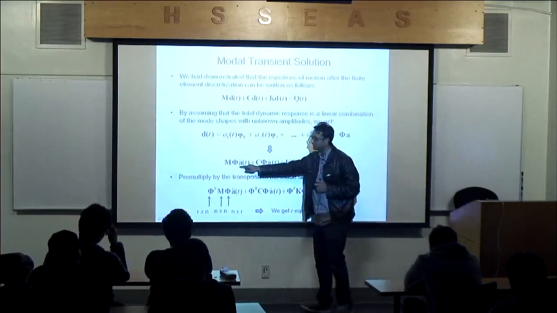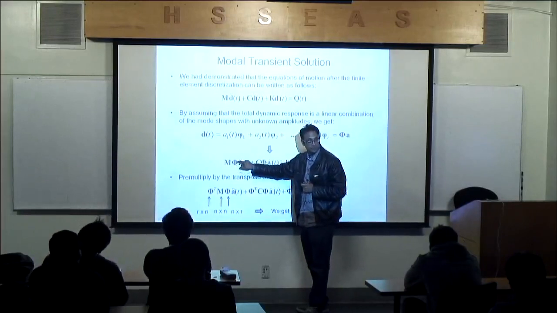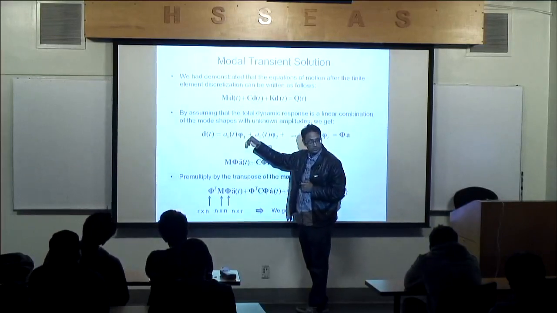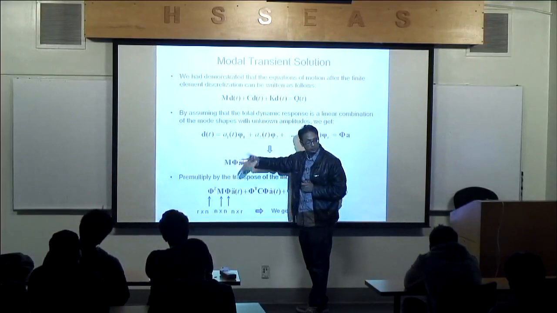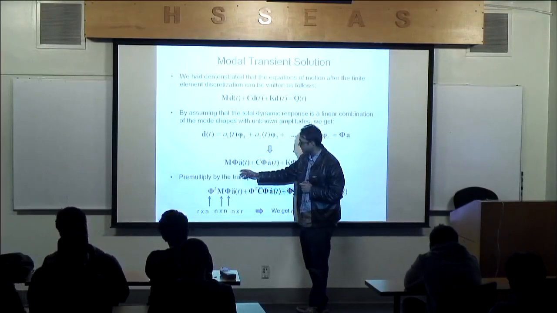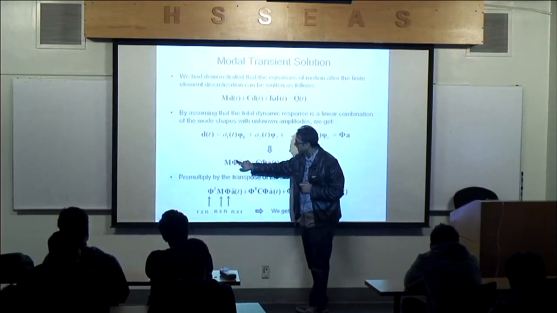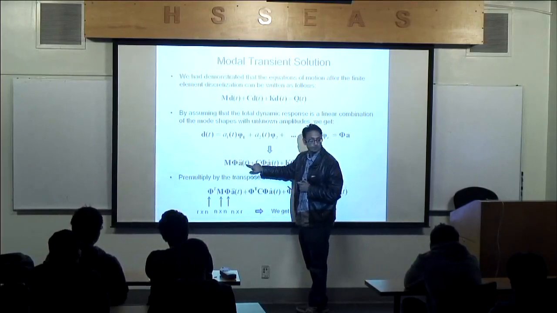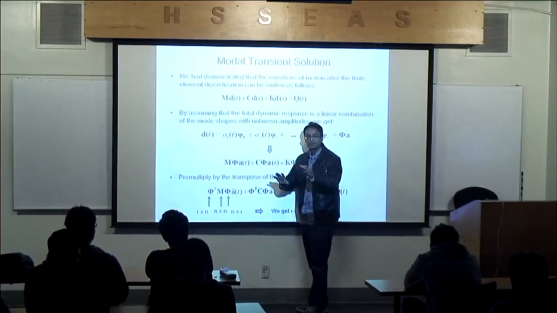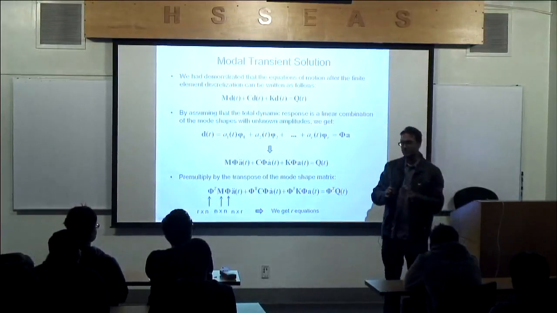Let's try this again. Phi is 40 rows times 3 columns because I'm using the first 3 modes: phi 1, phi 2, phi 3. Agree? So far, what's the size of these 2 things together? 40 by 3, and this is 3 by 1. Oh, you're right. 40 by 1.